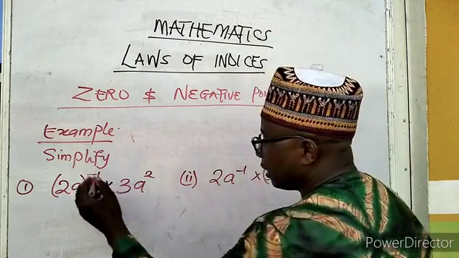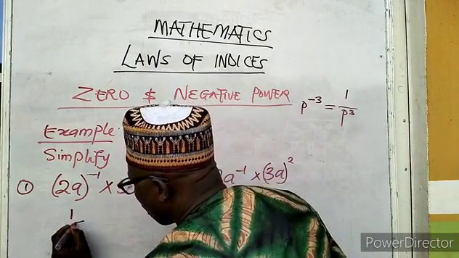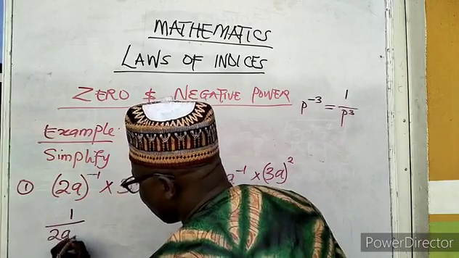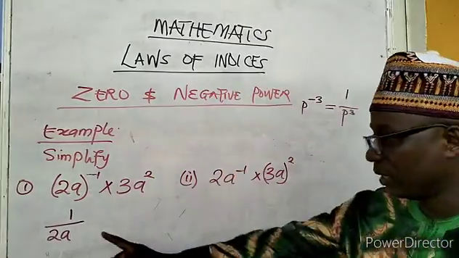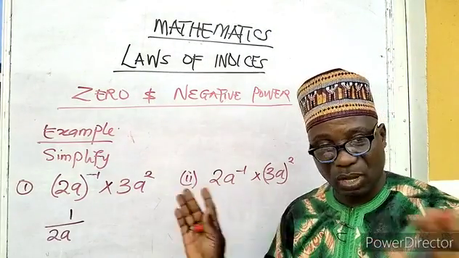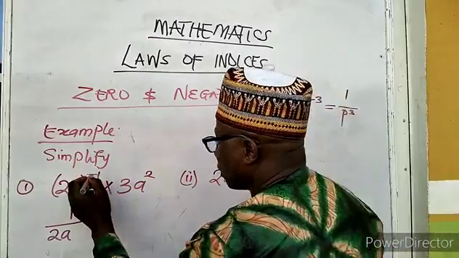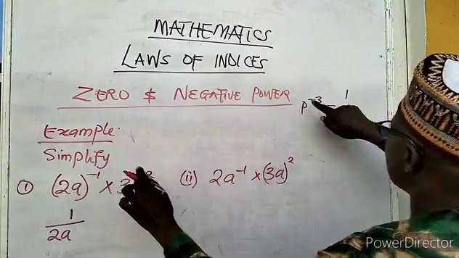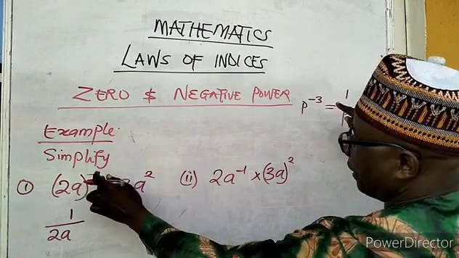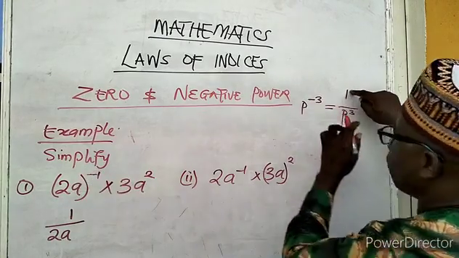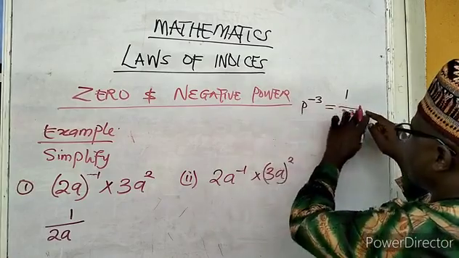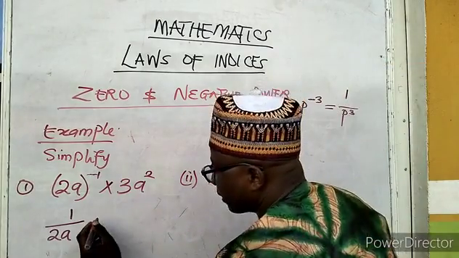So minus 1 all over 2a. Finish. 1 all over 2a. You don't have any problem, because minus applies only to the power, then minus applies only to the 1 all over 2a.